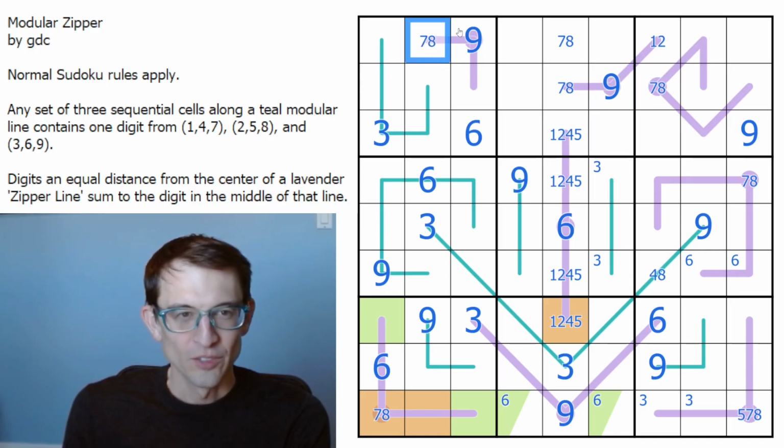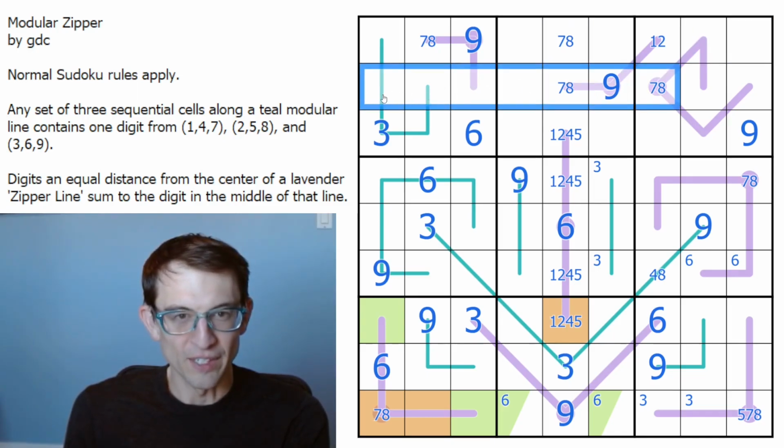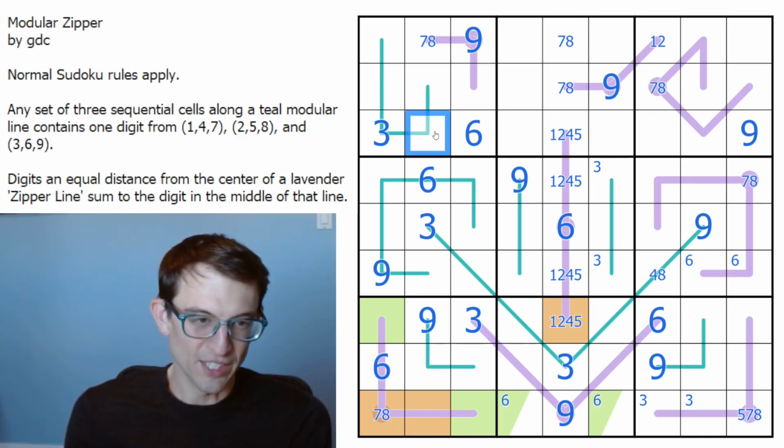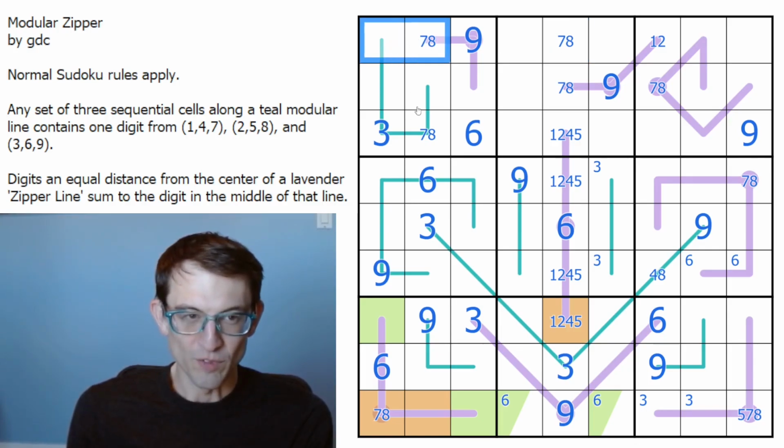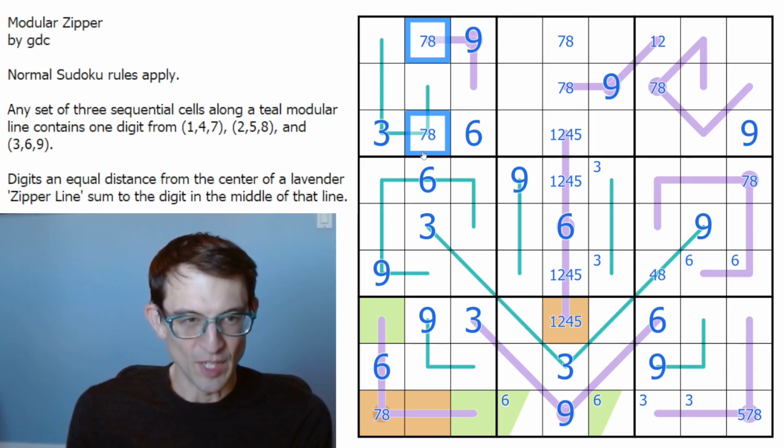So the last thing I did is I put this 7, 8 pair here to make that 9. So neither of these are 7 or 8. I got a 7, 8 pair here. So this is the other 7 or 8, because this 7, 8 pair means that's not 7 or 8. We said it had to be 2 of these 3. So this is a 7, 8 pair.